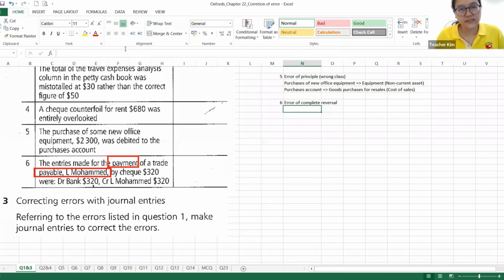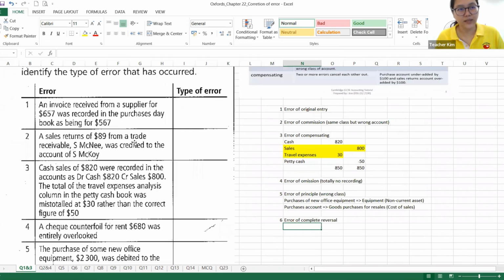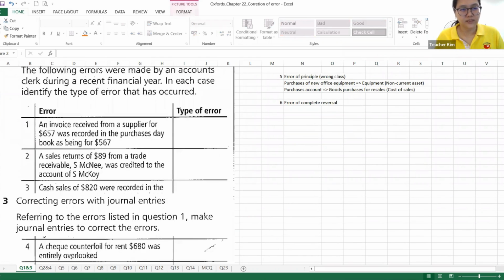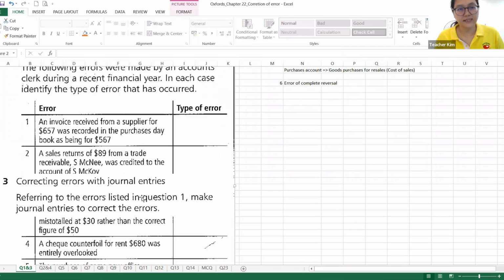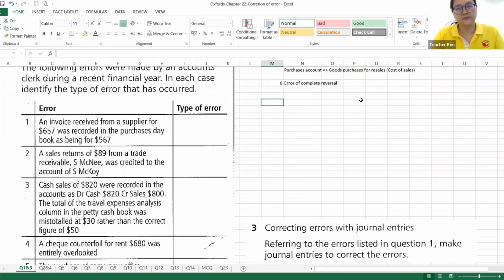Okay, the next question, they ask us to use the information in here to make the journal entry to correct the error. So let me put this down a bit so that I can see the journal entry side by side. Okay, for the journal entry, this is the number, this is the details.